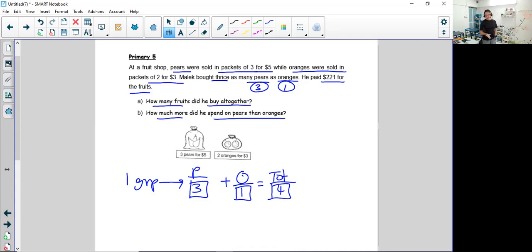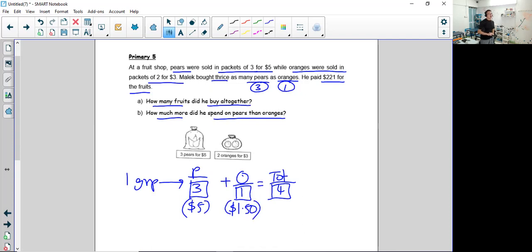Which is $5 already, right? 3 pears is $5. Okay, so let's put down 3 pears is $5, and how much is 1 orange? So you can take $3 divided by 2, and you use a calculator, that will be $1.50.